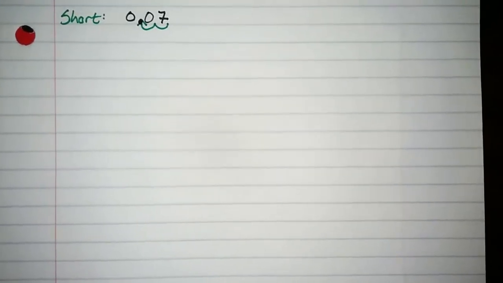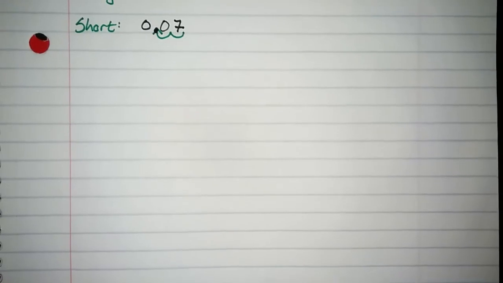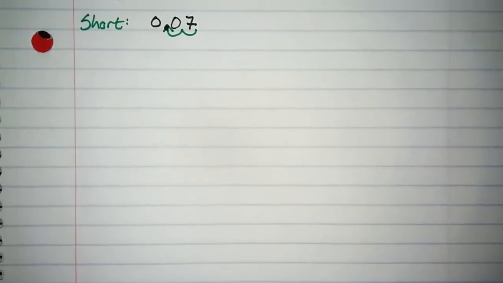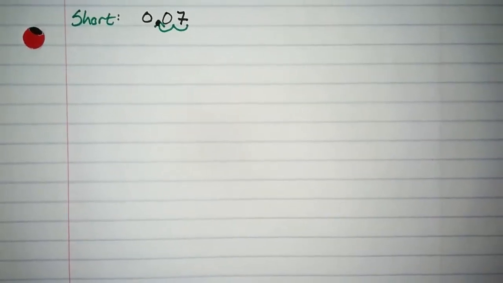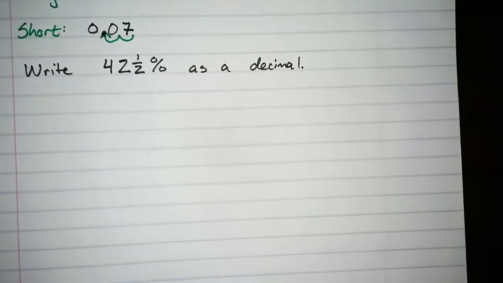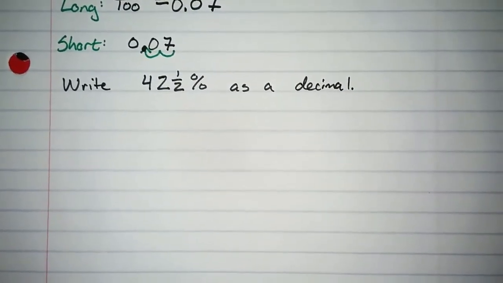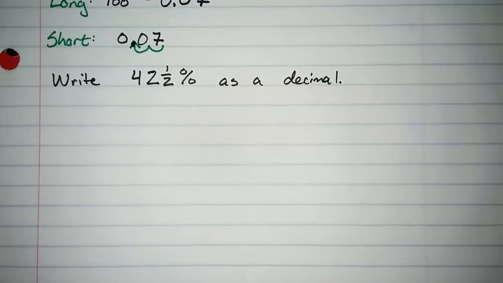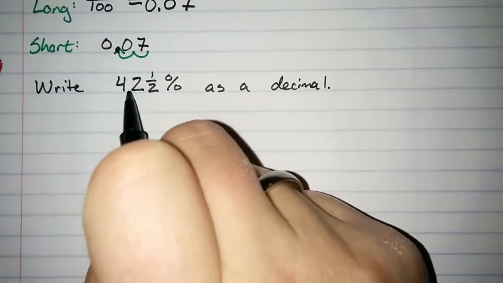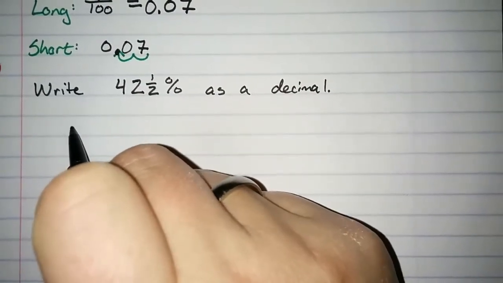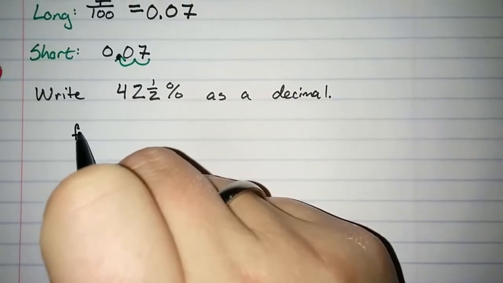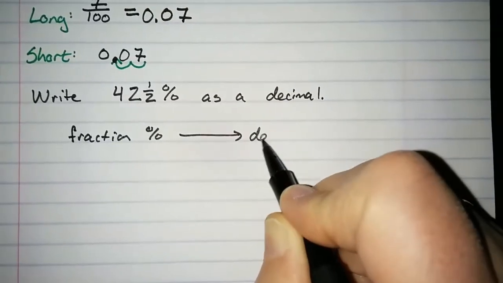Now the last thing that might happen is we might have some fraction or mixed number percent that someone, probably a math teacher, wants us to express as a decimal. Let's suppose we want to write 42 1/2% as a decimal. We have 2 choices. We could convert our fraction percent to a decimal percent.